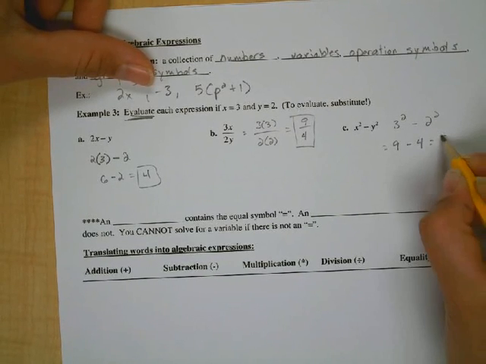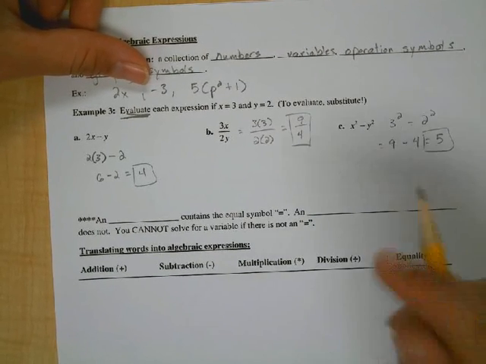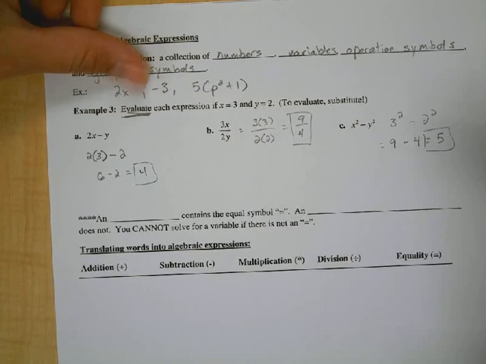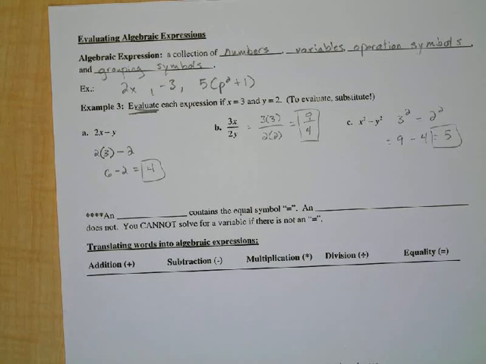So that would be your answer there. Okay, so that is really all there is to the algebraic expressions, evaluating them when they give you certain values to look at. Okay, they won't always give you values to look at, and we'll talk about those later on. But that's really it. It's kind of basic. It's just a substitution process, which hopefully we're pretty familiar with.